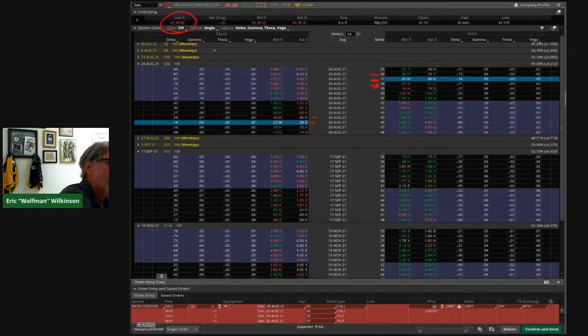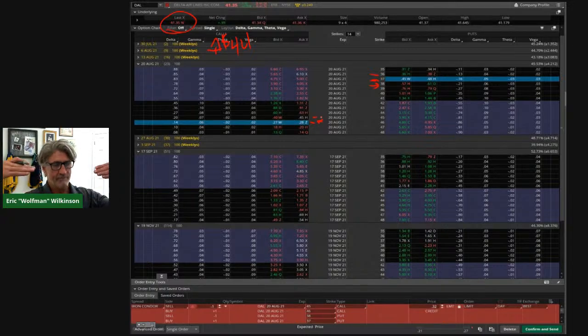The underlying goes up to $44. So this spread is going to start losing money. The closer and closer I get to that short strike, it's going to start increasing in value. I'm going to lose money on this.